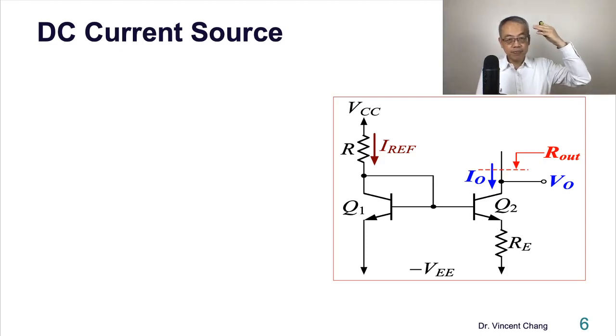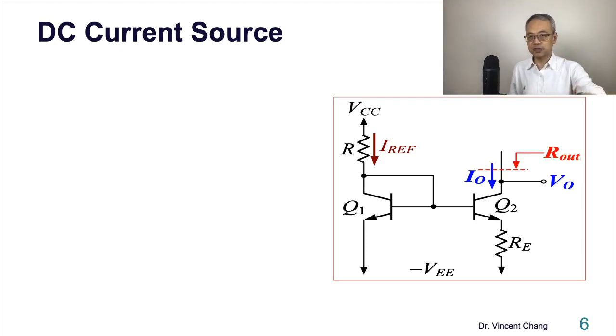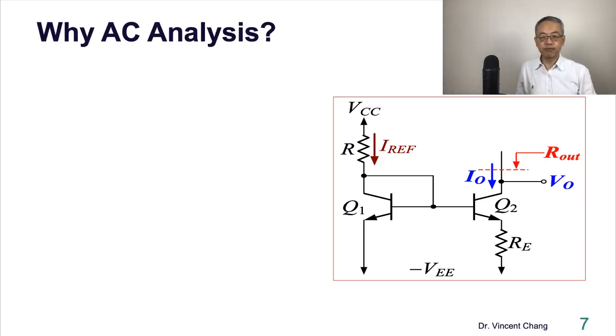So for the DC current source, if we conduct the DC analysis, just as we did before, it's understandable. But why AC analysis? Why do we need an AC analysis for a DC current source? Some students might be wondering, this is incomprehensible.